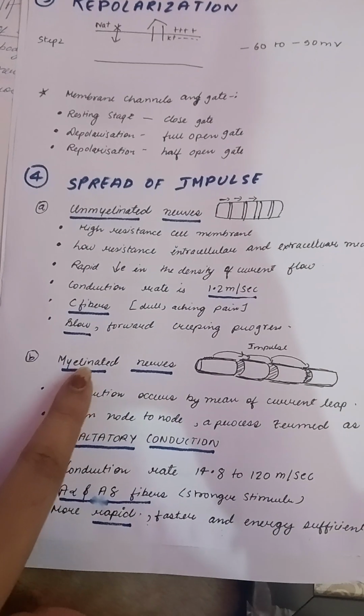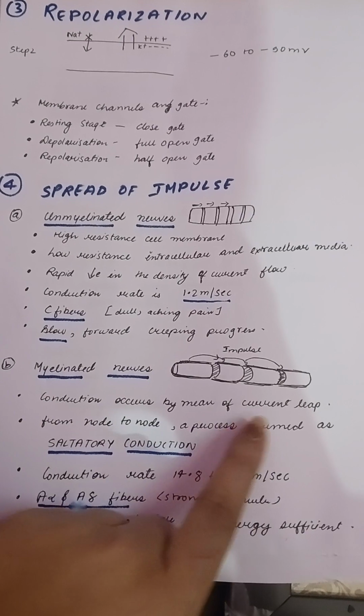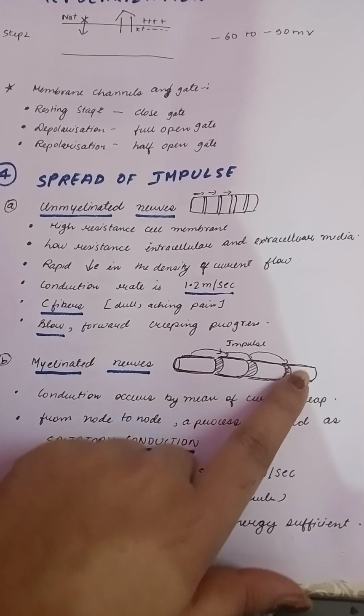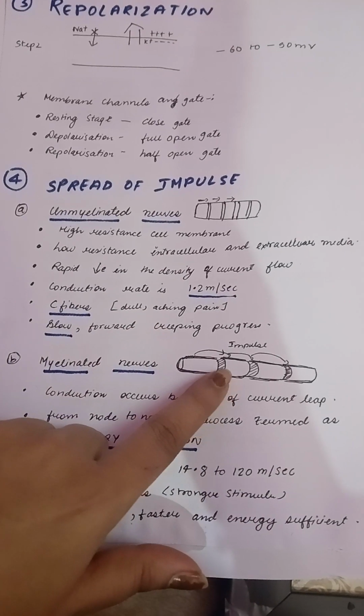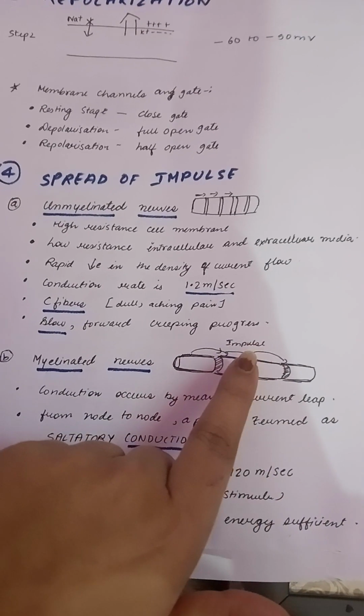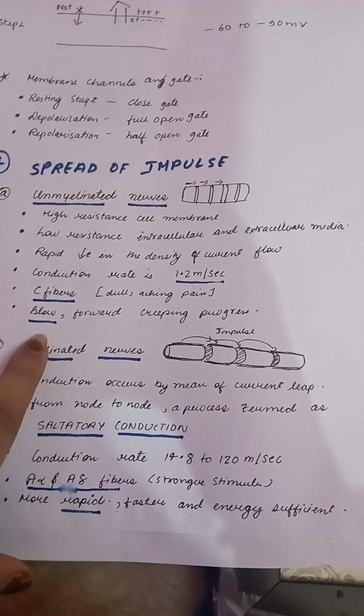Now coming to myelinated nerve fibers. Conduction occurs by means of current leap, from node to node. This is happening in myelinated nerve fibers, from one node to another node. This is also known as saltatory conduction.